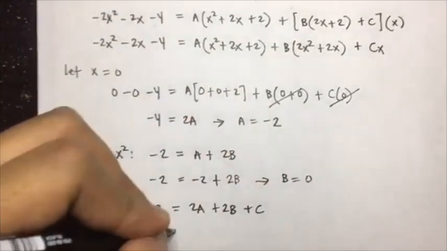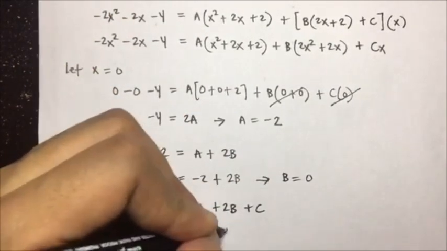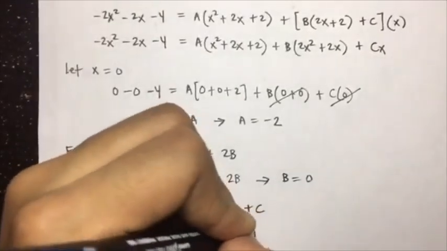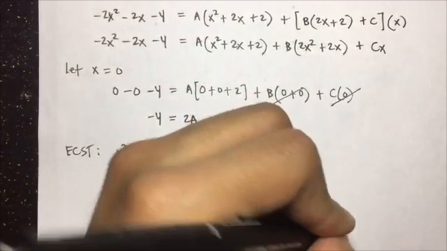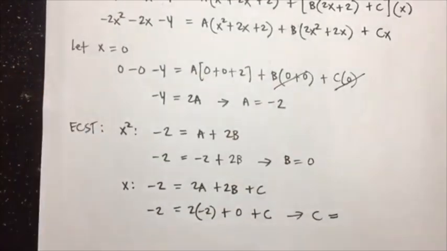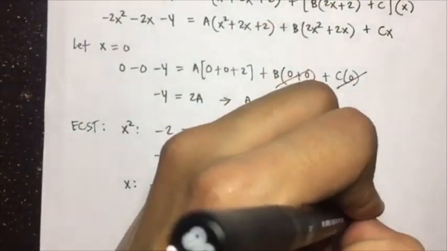Since we know that a is equal to negative 2, and b is equal to 0, then plus c. Solving for c here, it will become negative 4, transposing, so c is equal to positive 2.